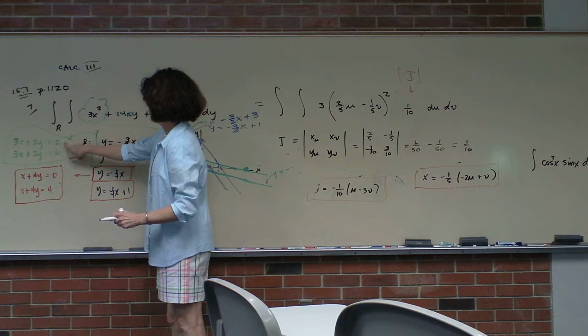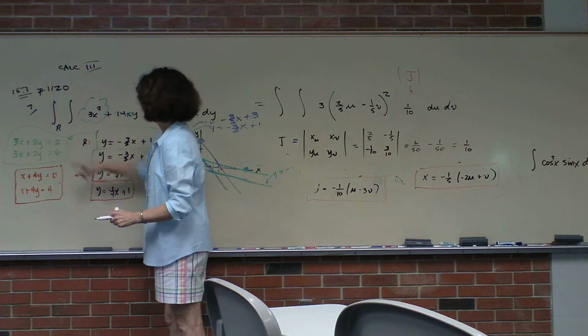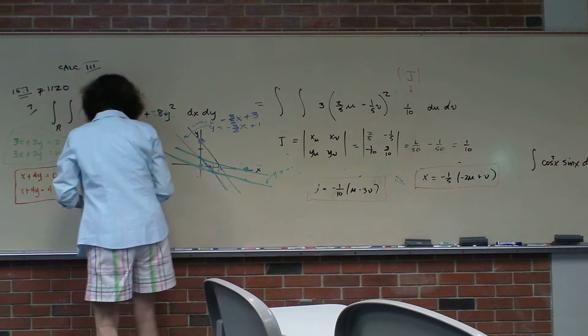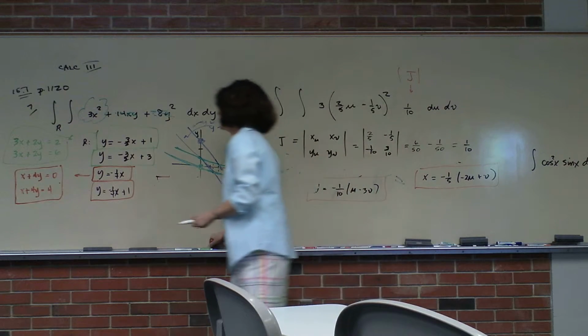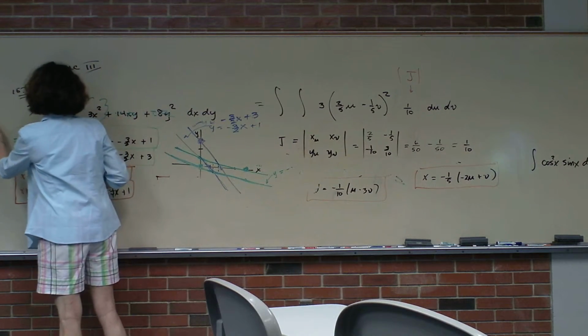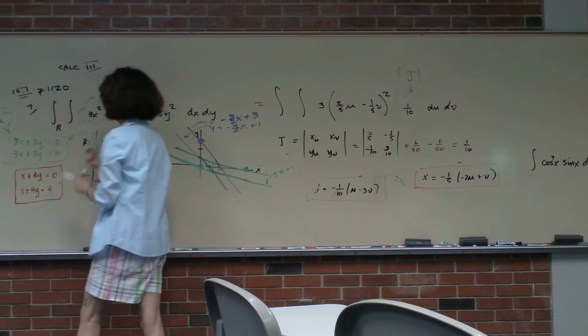If you look at your substitution, isn't U equal to 3x plus 2y? So your limits, since this is U, are easy to specify.